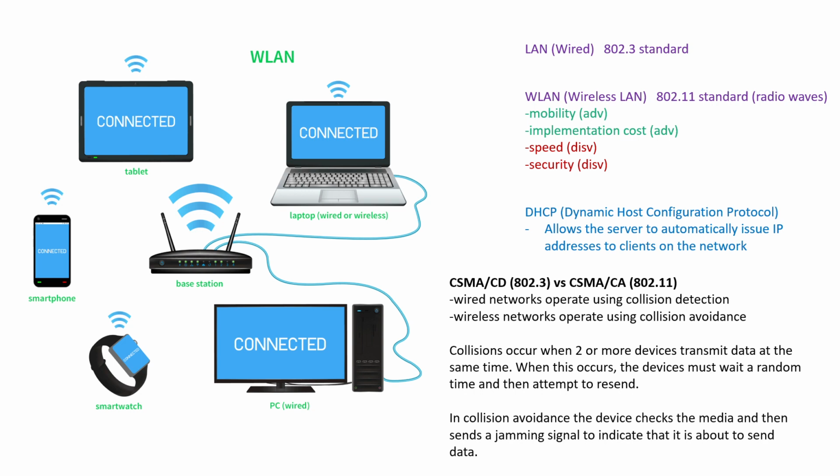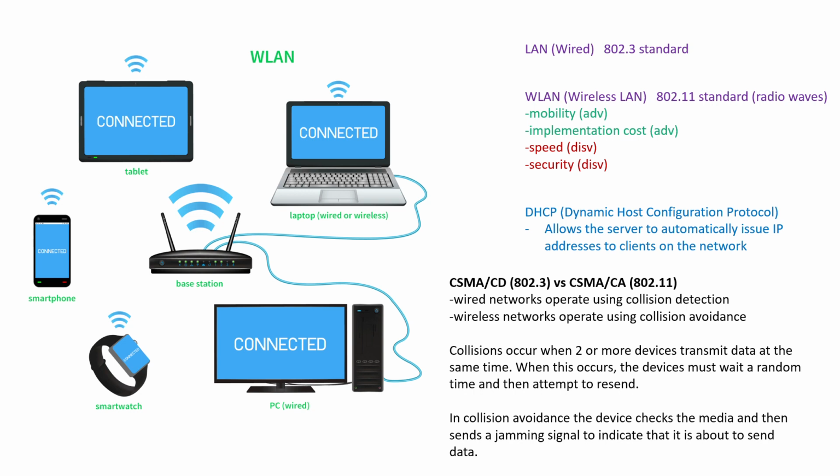So on the wired networks, we operate using collision detection, meaning the devices are going to look to see whether or not a collision has occurred. And if the collision has occurred, then the devices are going to resubmit the packets that they had transmitted prior. The challenge, though, is if both devices attempt to resend at the same time, then we are going to have a collision again.